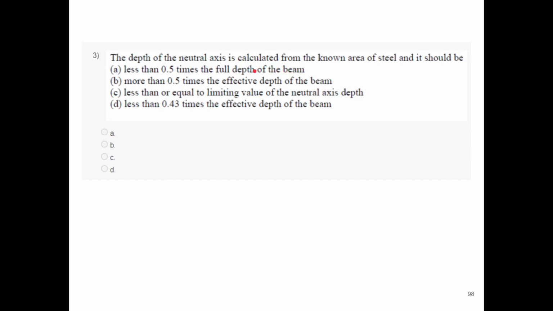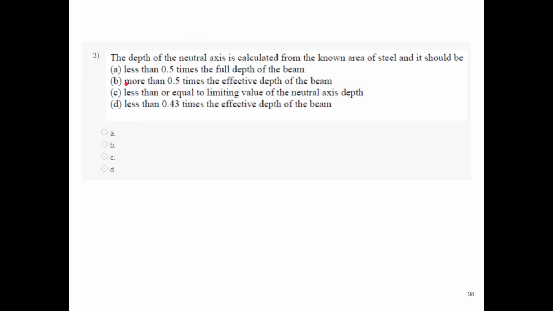So if it is Fe 500, Xu max will be 0.46 d. If it is 415, it is 0.48 d, where d is the effective depth, and if it is Fe 250, it is 0.53 d. But Xu should always ideally be less than or equal to the limiting value of the neutral axis depth.